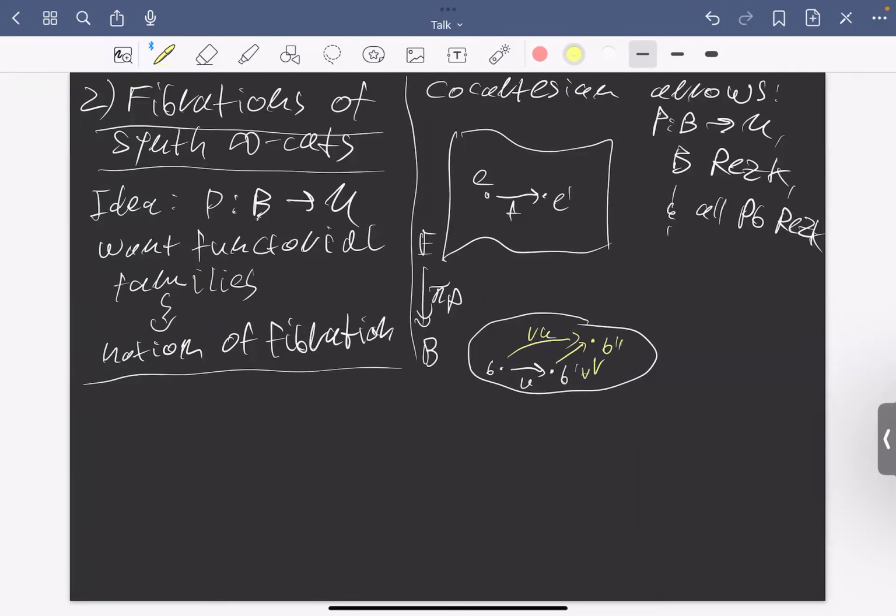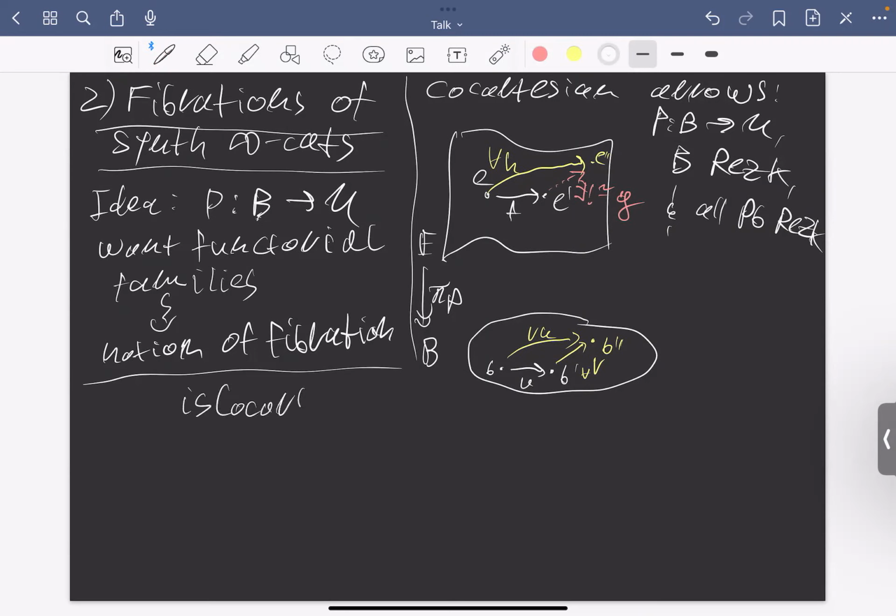So for all v and for all h lying over the composite with domain E and codomain some E double prime lying over B double prime, I want a unique filler here, uniquely up to homotopy. I want some g here. And this I can phrase as a condition in terms of pi and sigma.